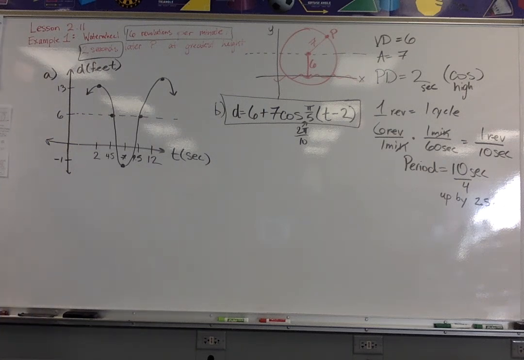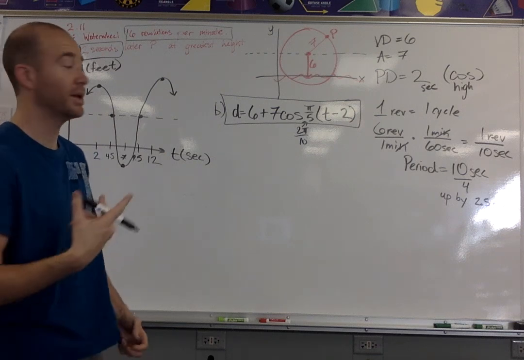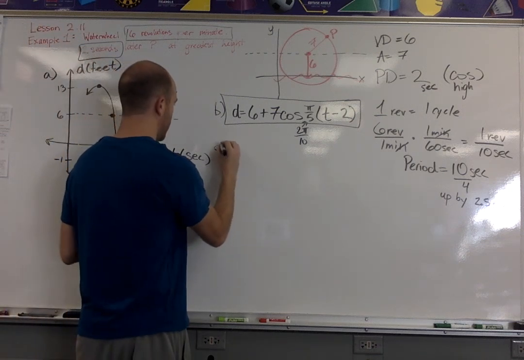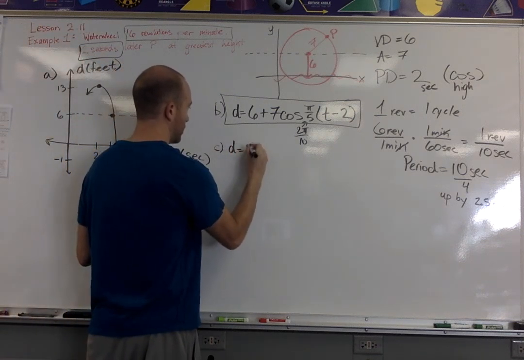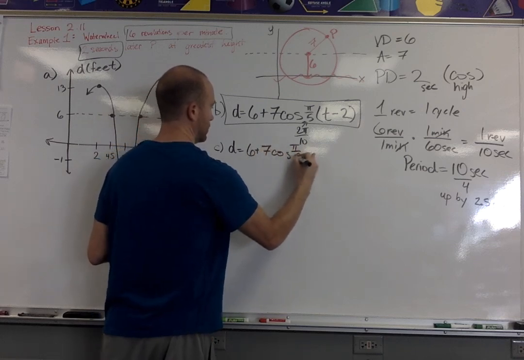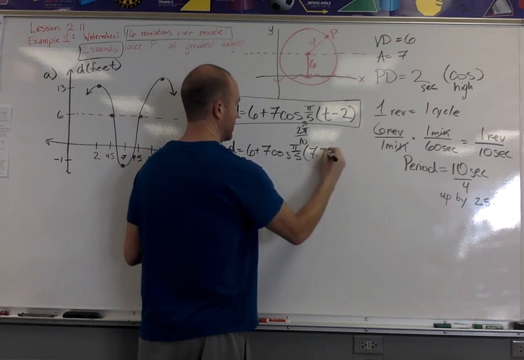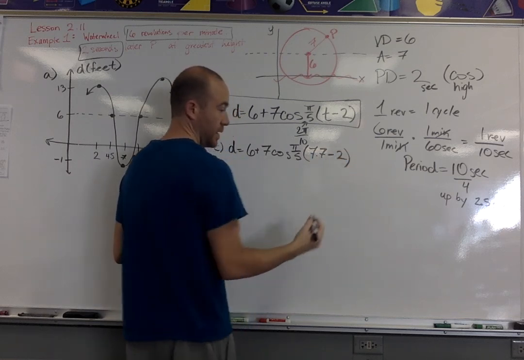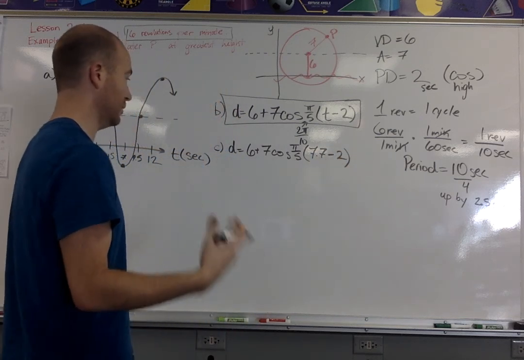C, when time is 7.7, is the point underwater or above water, and how far? So what we want to do here is they've given you a t, you plug it in for t. So I'm going to write down the model and plug in 7.7 in for t. And now we've got some calculator work.